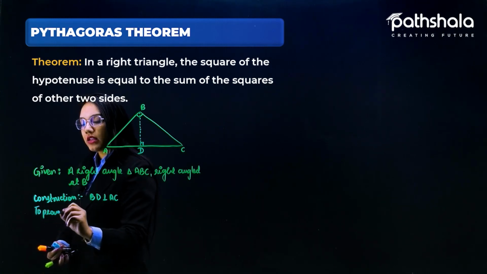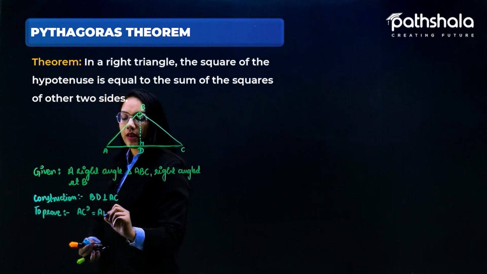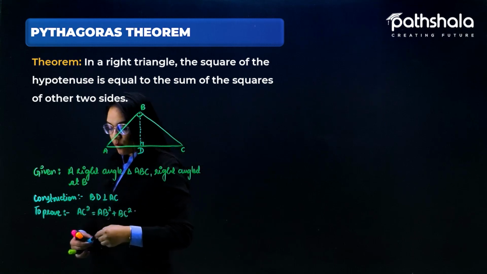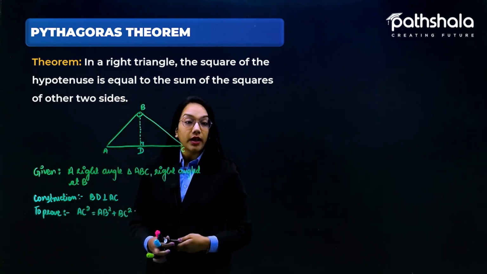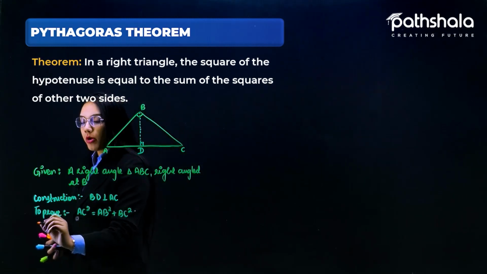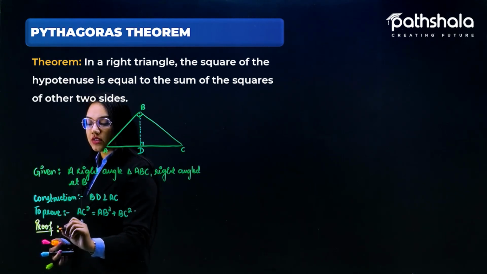We have to prove that the hypotenuse, that is AC square, is equal to AB square plus BC square. This is the thing that we wanted to prove, that the hypotenuse square is equal to the sum of the squares of the other two sides, and the other two sides are definitely AB and BC. Now let's just start with the proof of this theorem.